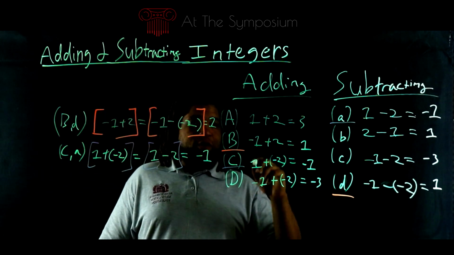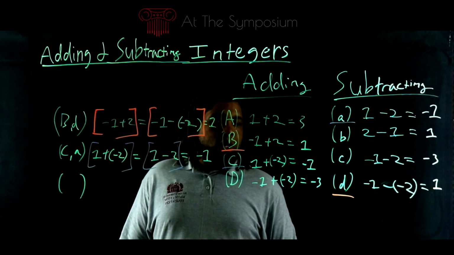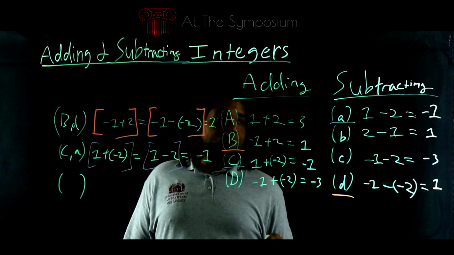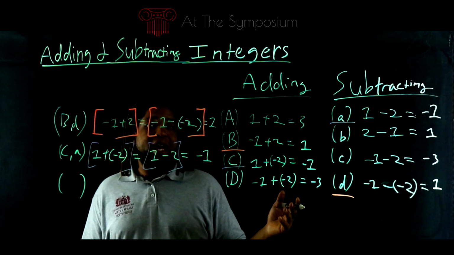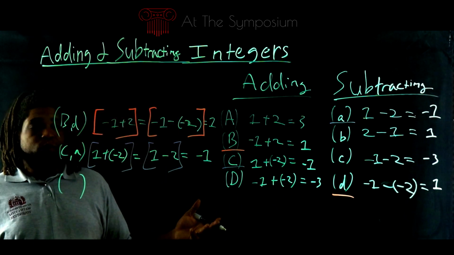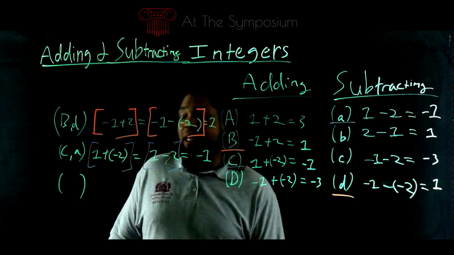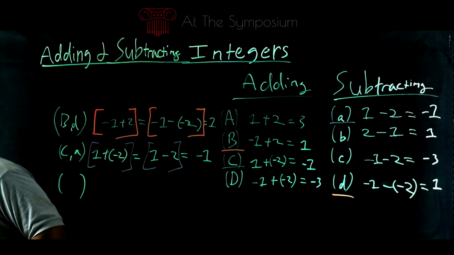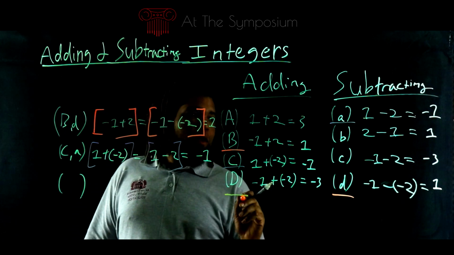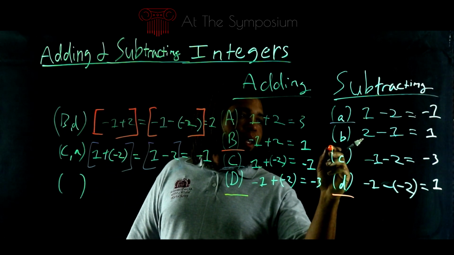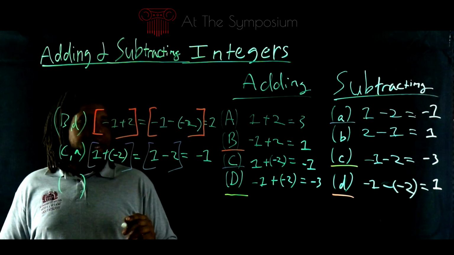Let's see if we find another one for the last one, which is D. Okay, so uppercase D, negative 1 plus negative 2, gives us negative 3. Is there an operation on the subtraction side that gives us the same thing? There is. That would be lowercase c. Let me get another color here. So C, on the subtraction side, gives me negative 3 as well.